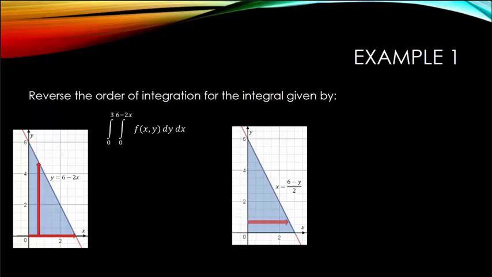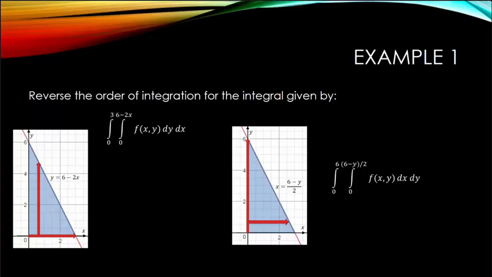This means that I'm going to take the integral from 0 to the curve (6 minus y) over 2 in x, and then the limits of integration in y will go from 0 to 6. And this gives me the integral from 0 to 6 of the integral from 0 to (6 minus y) divided by 2 of f of xy dx dy.